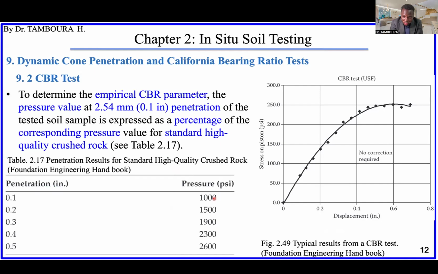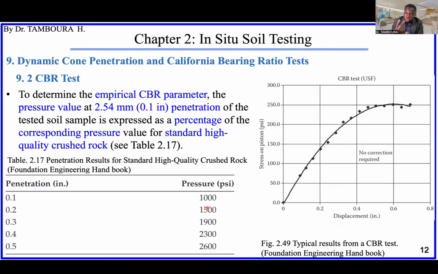The next, the pressure now corresponding to 0.2 inches. You go here, it will be around this value, lower than 150, maybe 140. You divide that by the corresponding 0.2 inches here, which is 1,500.